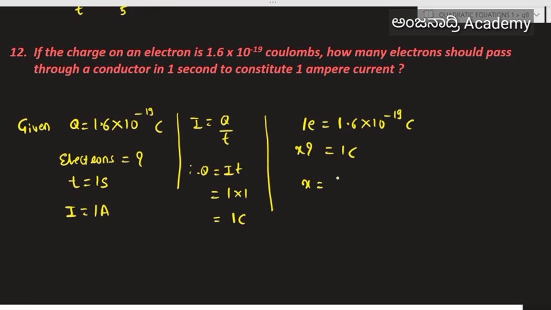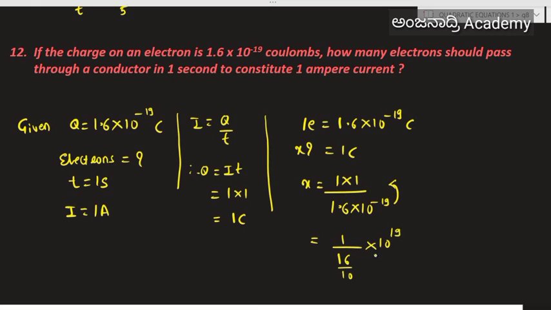How will you do this? X is equal to 1 into 1 divided by 1.6 into 10 to the power minus 19. 1 into 1 is 1, and 1.6, how will you write this? 16 divided by 10, and I am taking this 10 to the power minus 19 to the numerator.